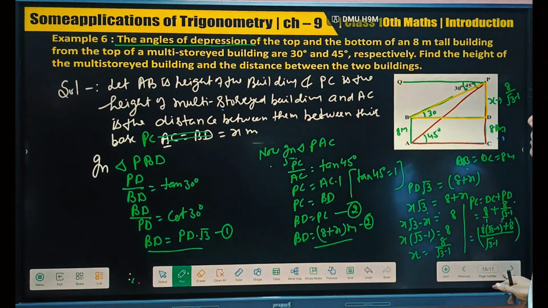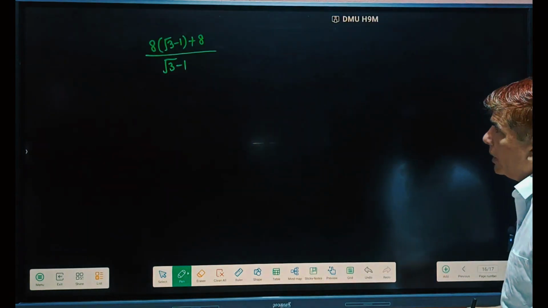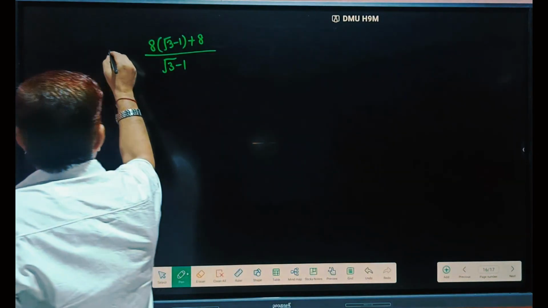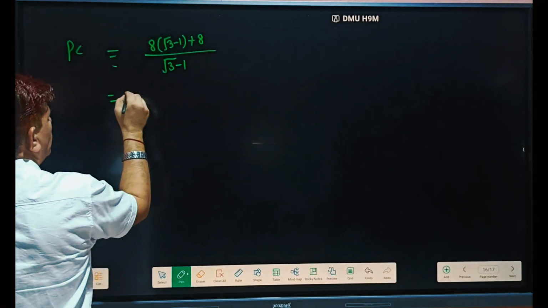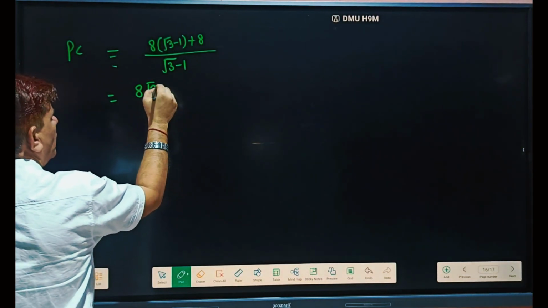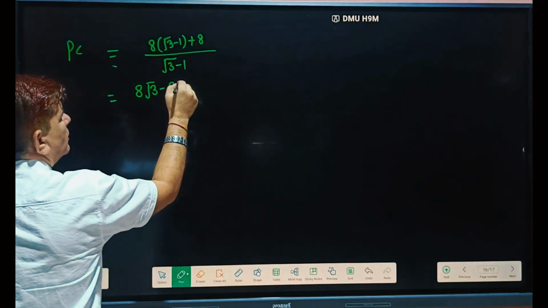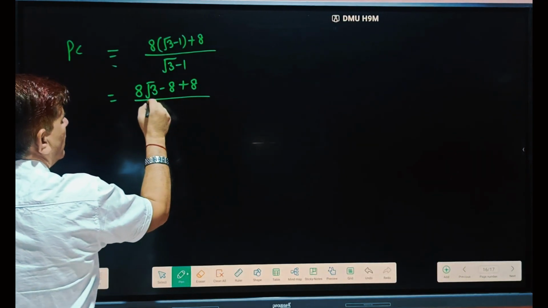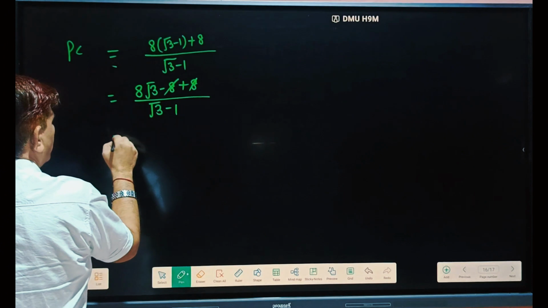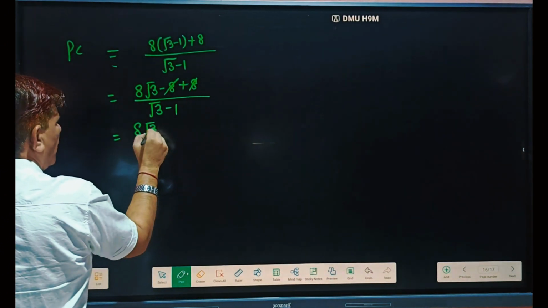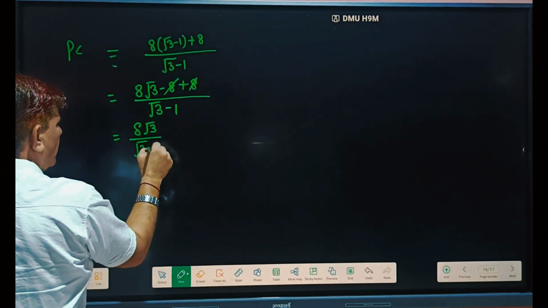PC is the height of the multi-storied building. So how can you solve it? 8 under root 3 minus 8 plus 8 by under root 3 minus 1. So this cancels this. What's coming? 8 under root 3 by under root 3 minus 1.